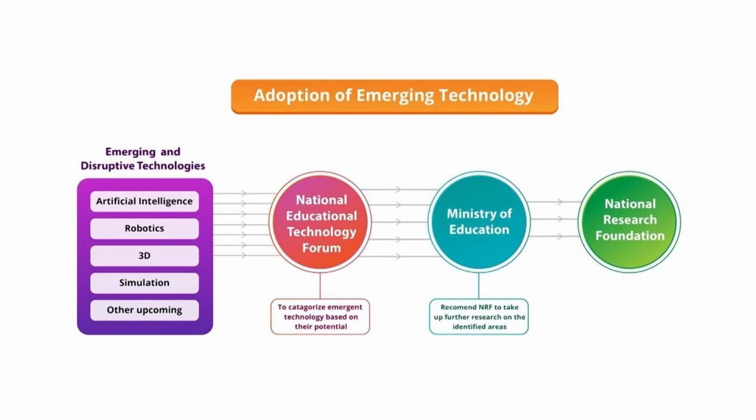One is the National Educational Technology Forum, and this is basically to categorize the emergent technologies based on their potential. Of course, they will be meeting with the Ministry of Education, which recommends NET, NAP, NIRFs to take up further research on the identified areas, and of course it will be feeding those inputs to the National Research Foundation.